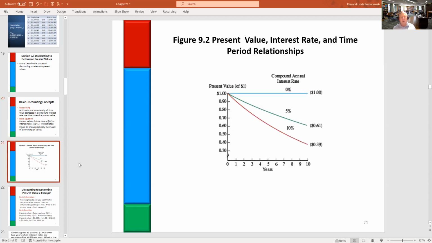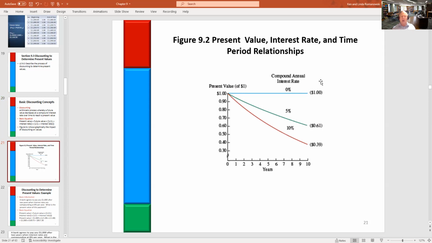If your interest rate was 0, your present value would stay the same at $1 all the time. That's not really realistic, but it gives you a comparison number. Now, you're going to find 2 things. First, the higher the interest rate, the deeper the discounts you will get.